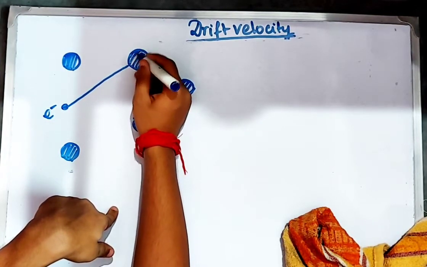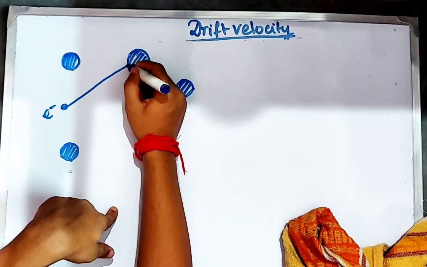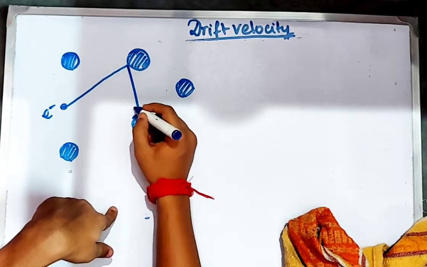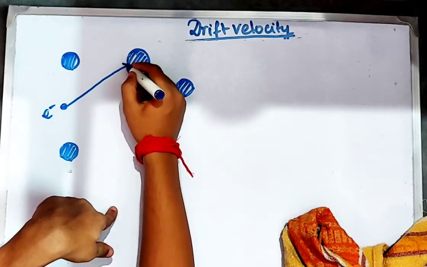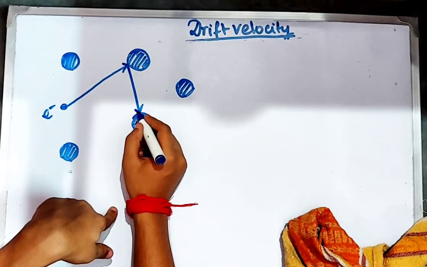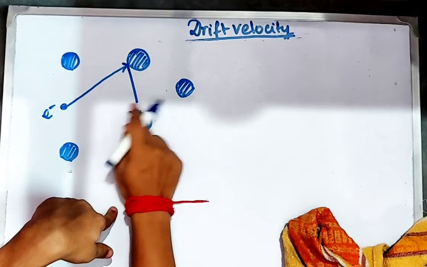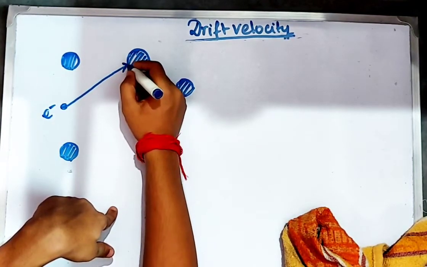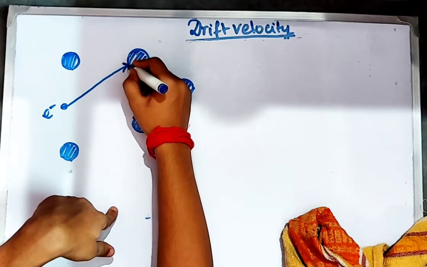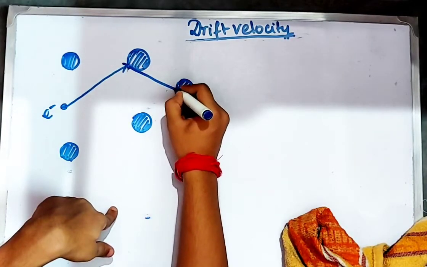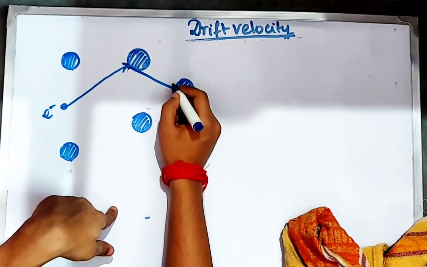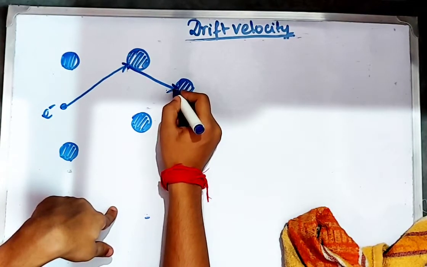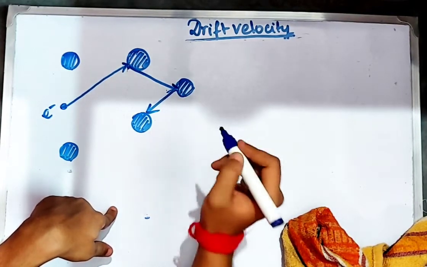and then it is coming in this path, colliding with another atom. Suppose it makes a collision with this atom, then it goes in this direction, makes a collision with this atom, and then comes in this way.